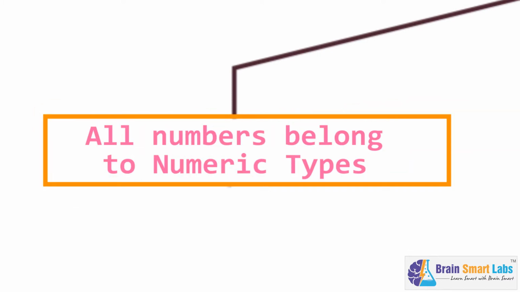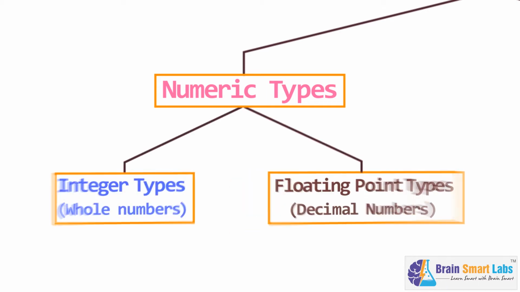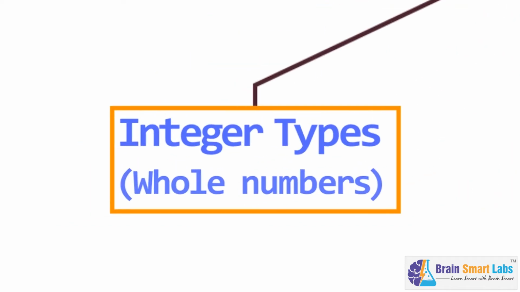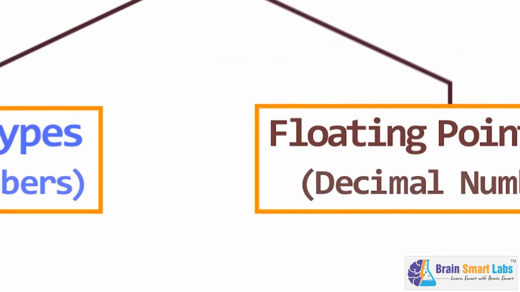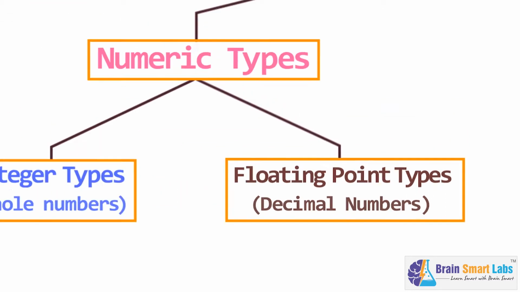If a number has to be stored inside a variable, it must and should be of numerical data types in nature. Based on the types of numbers stored inside, numerical data types are classified as A. Integer types which can hold only whole number values, and B. Floating point types which can hold fractional numbers, aka your decimal point values.